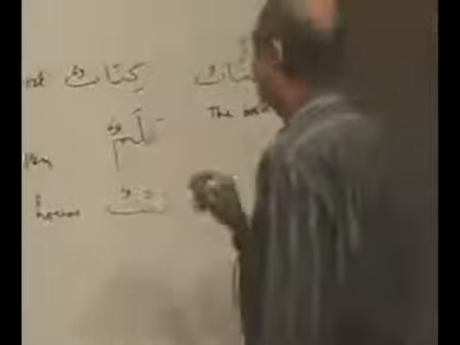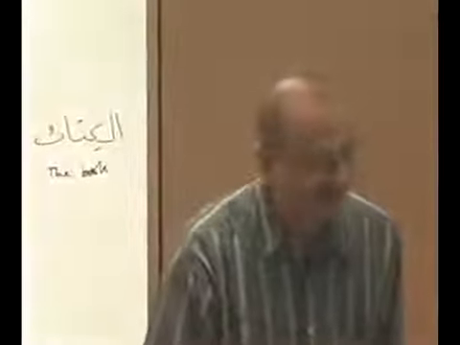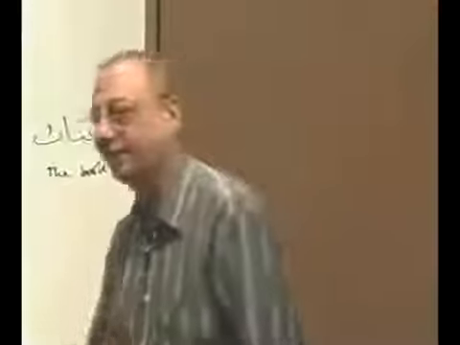Got the idea? Now, if I say kalamun, a pen, I want to say the pen. What will I do? Al-kalamu. But these are the basics. I know most of you already know, but I'm starting from the very beginning in case there is one student who's coming for the first time to learn Arabic, so that he gets some idea, inshallah.